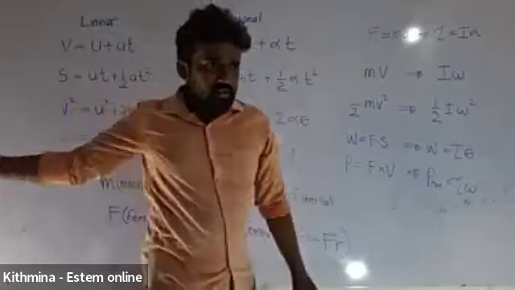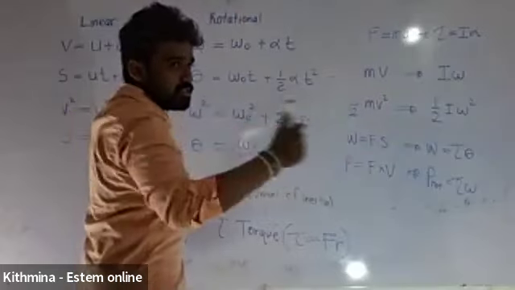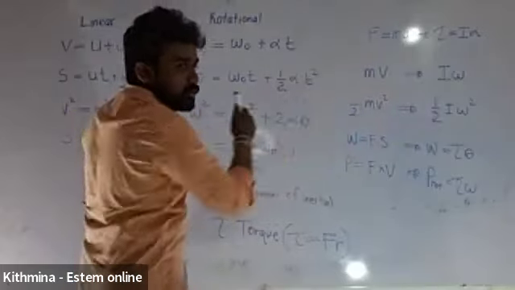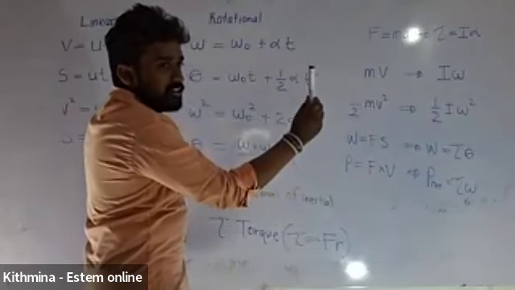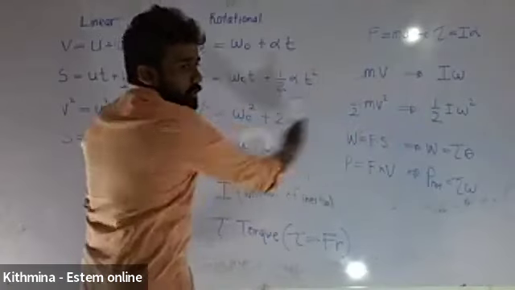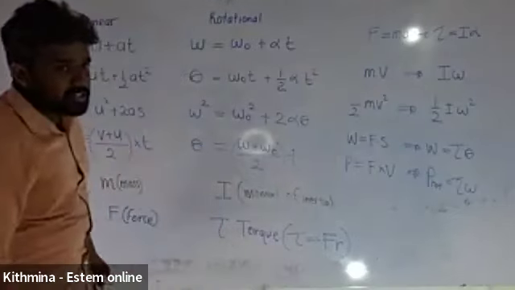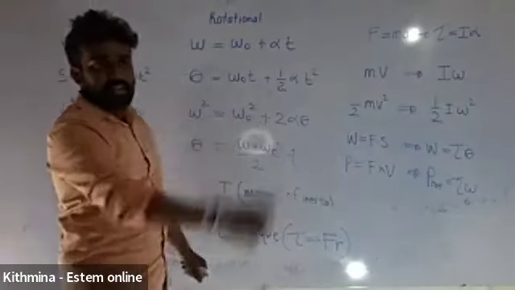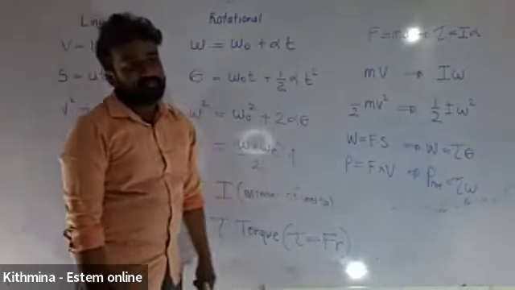But this is a circular motion, see. The pen is traveling in a circular motion. But here now the pen is traveling in a rotational motion. Can you get the difference between rotational motion and circular motion?